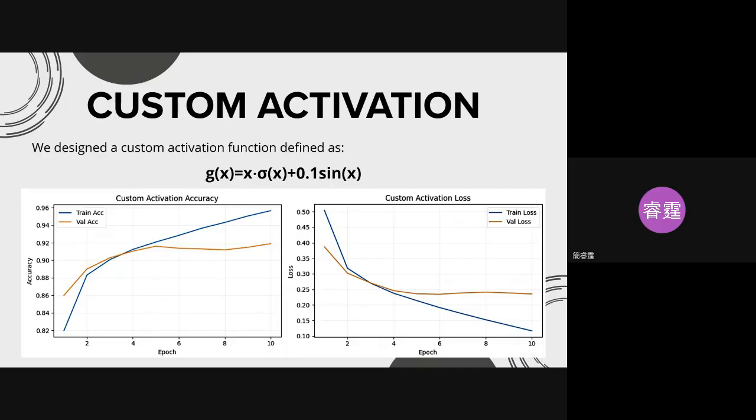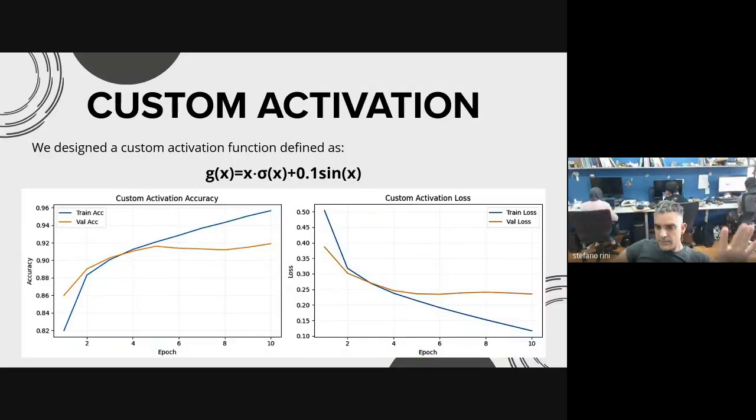The second term, the term with sign, adds a small periodic component, so the activation function becomes slightly more flexible and more nonlinear. From the accuracy curve, which is the graph on the left, we can see that the training accuracy keeps increasing until the last epoch, which is the blue line.